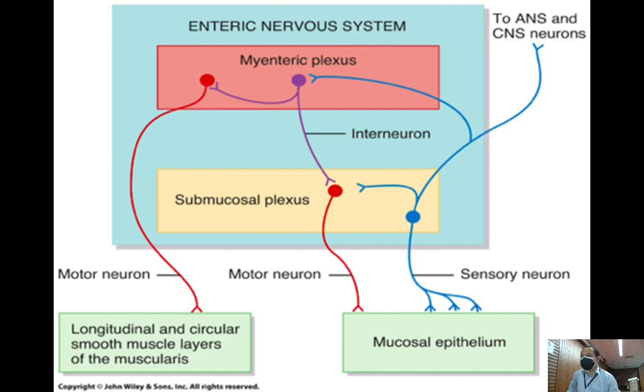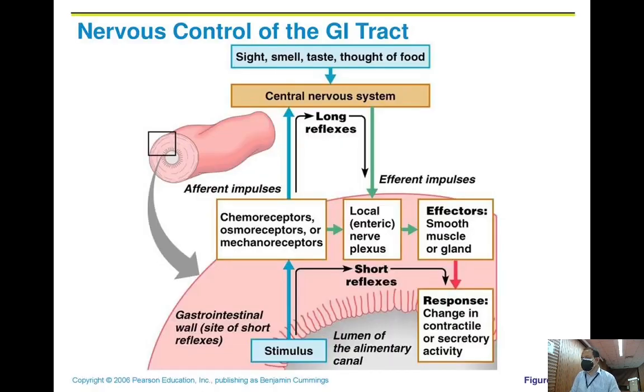These are reflexes, again controlling: the long reflexes and the short reflexes involving the enteric nervous system.